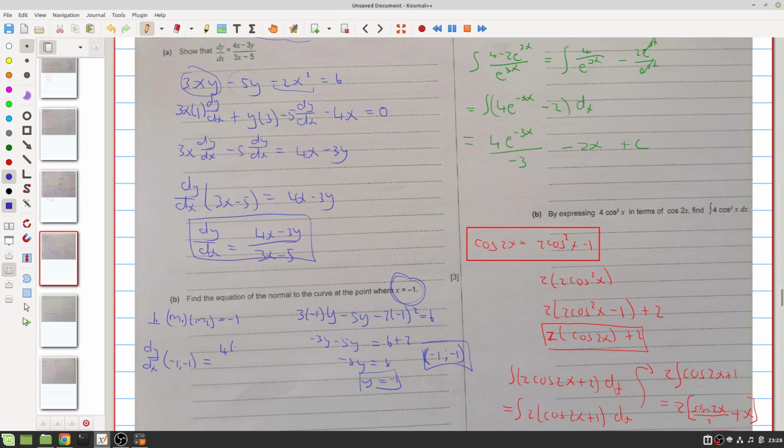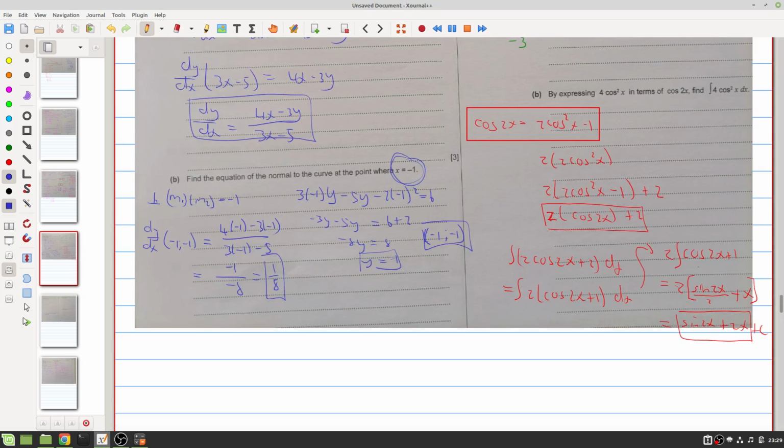So it's going to give us 4 times -1 minus 3 times -1 over 3 times -1 minus 5. Okay, so it gives us -4 plus 3 is -1. And then -3 minus 5 is -8. So that's just 1 over 8. Okay, so that's the gradient of the tangent at this point.